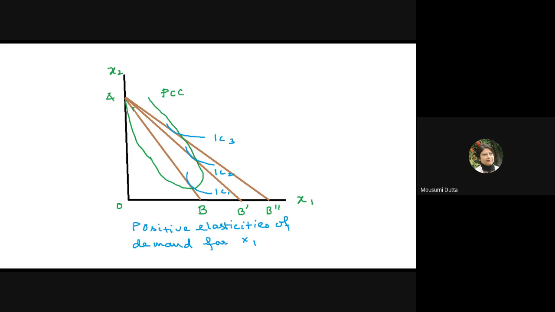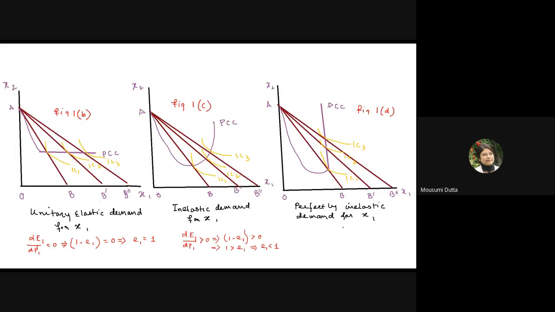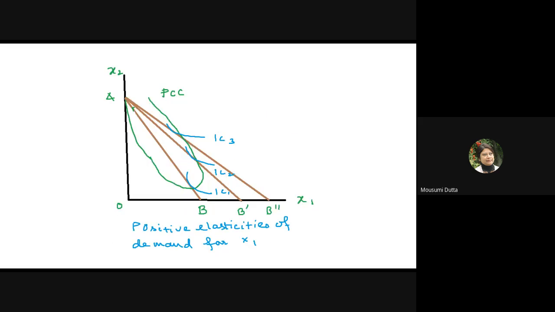So finally, we can consider a diagram like 1E.